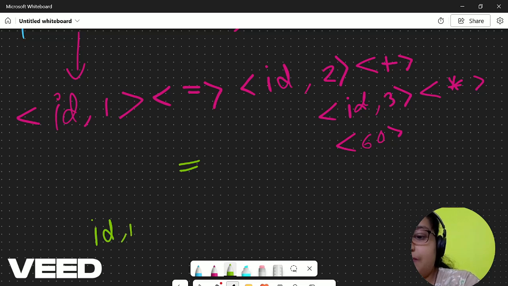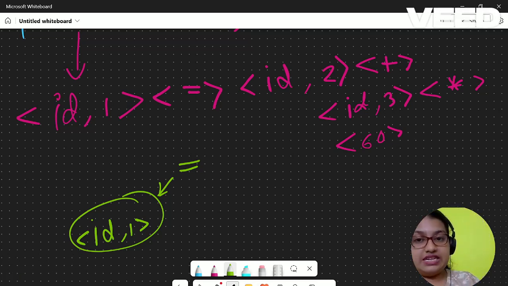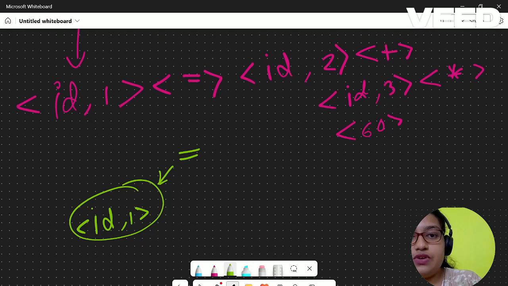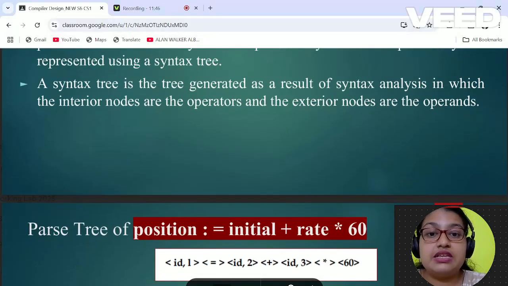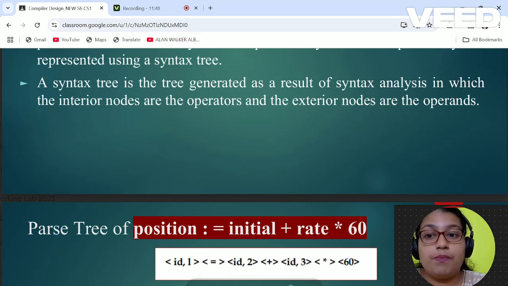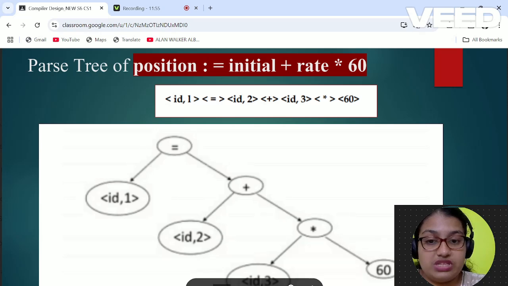So id1 comes on the left hand side, and everything else on the right hand side of equal to will come on the right side. Also remember, operators are in the interior nodes and in the exterior nodes we have the operands. We have to keep those two things in mind.